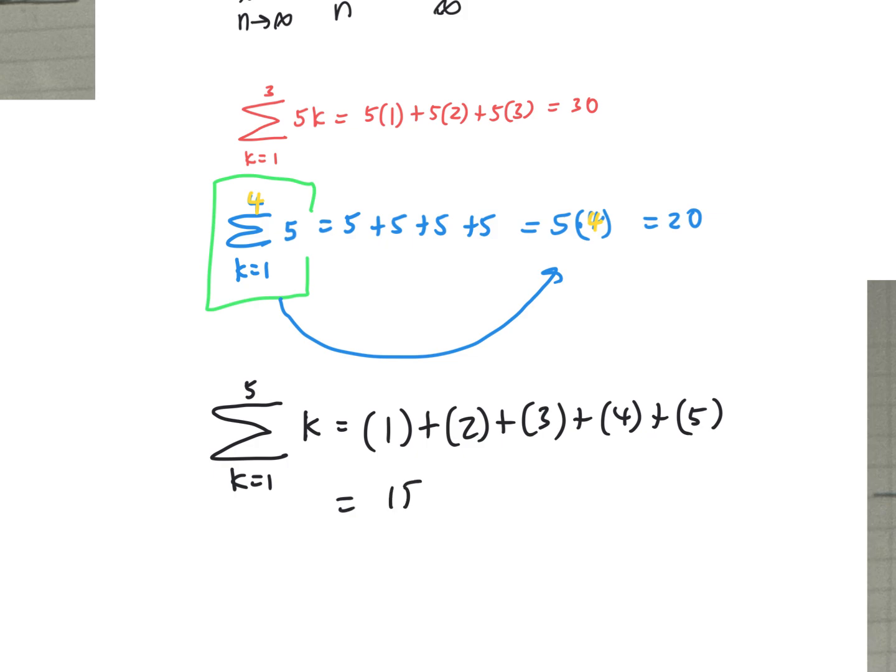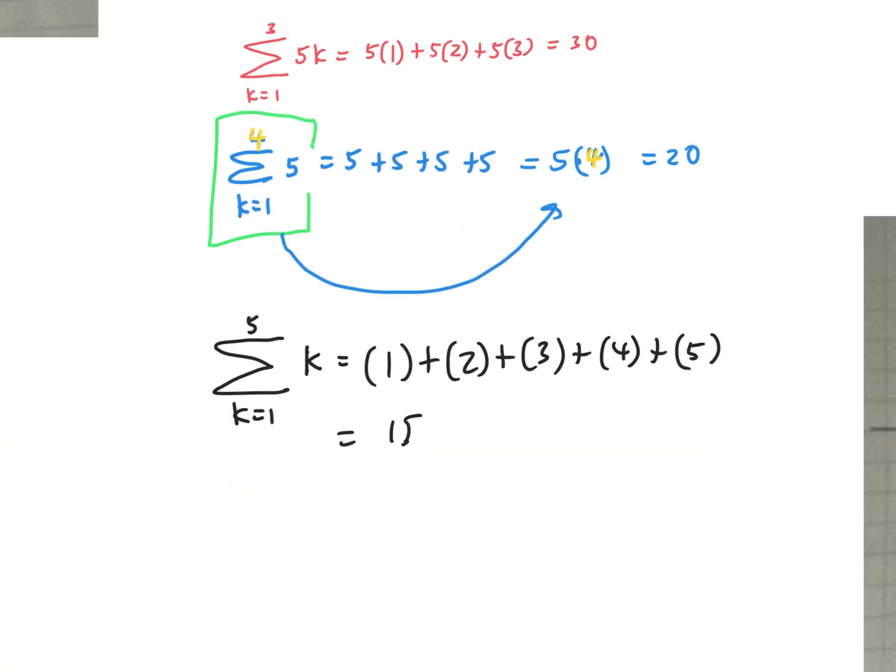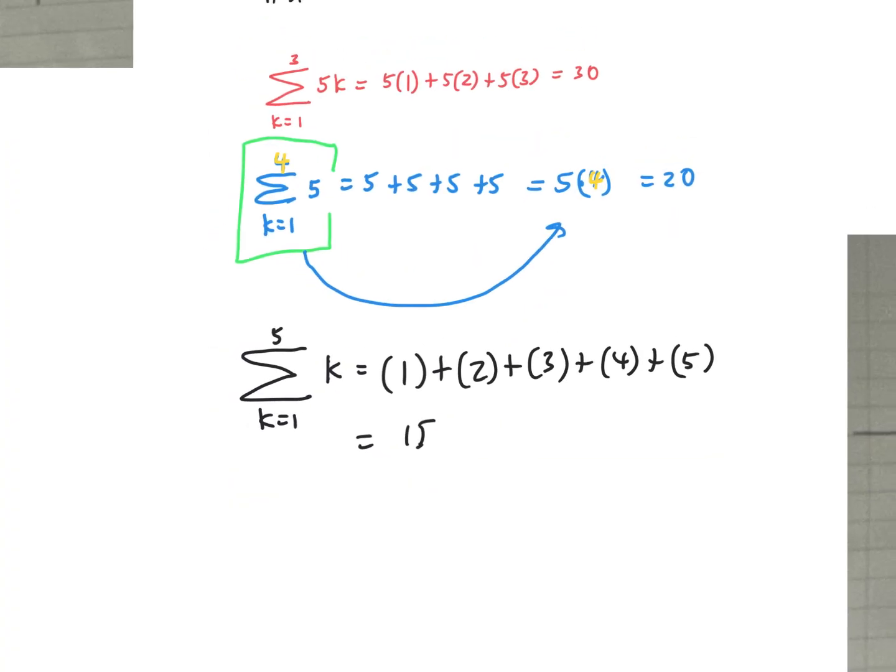Okay. Now, this is really the same principle that we did in red, only now instead of 5k, it's just literally k. And, therefore that should be fairly easy to understand. However, this is sort of an arithmetic sequence type of, or an arithmetic series type of situation. And there is a formula for that, such that it's as follows.